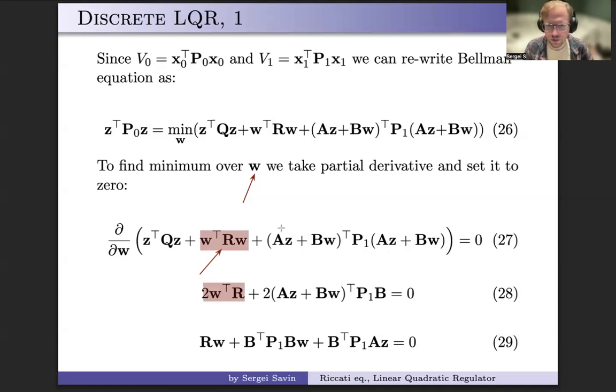Here, what we'll see is this whole expression times this. So where does it come from? This guy is from here. This guy is from here. When we take the derivative with respect to W, we would have P1 times B.